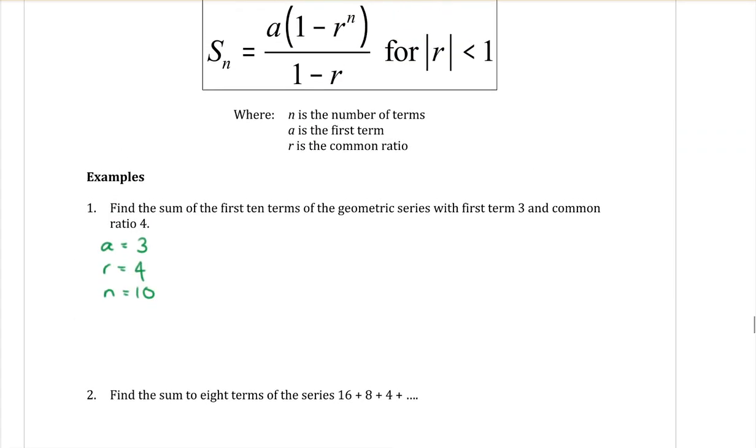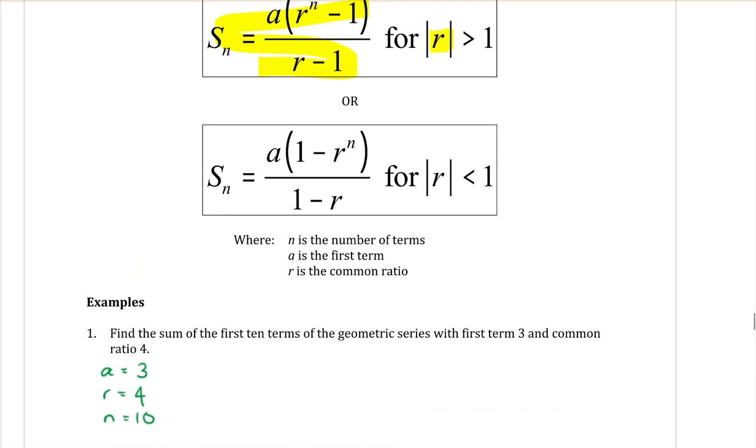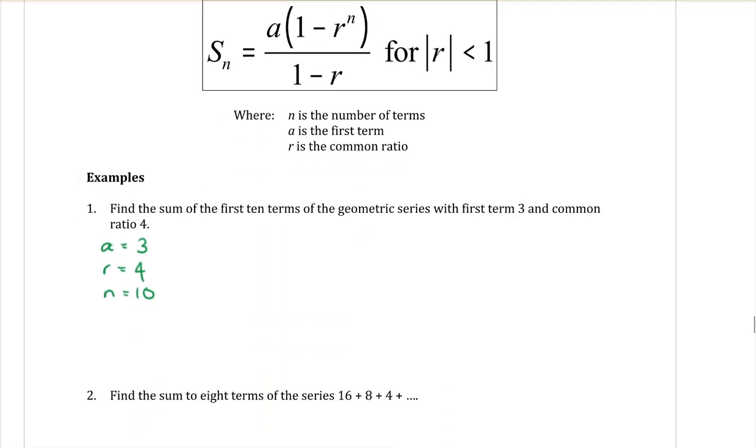Because I am summing, and my R is 4, I'm using the top formula. S of n equals A bracket R to the power of n minus 1 over R take away 1.